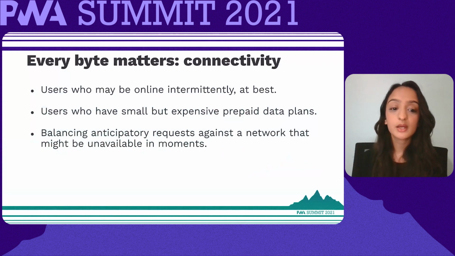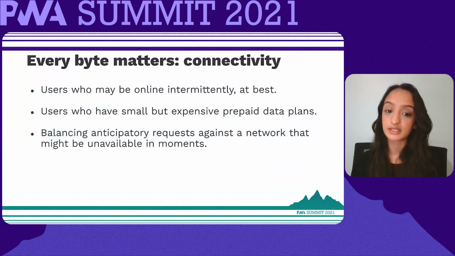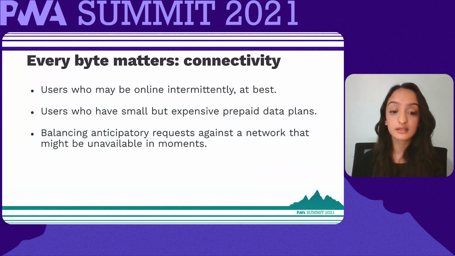In doing so, we are making our web app accessible to those who come from all kinds of diverse backgrounds, including low resource communities that may not have access to a reliable internet connection or have small yet expensive prepaid data plans. We can also balance incoming requests against a network that could be unavailable.